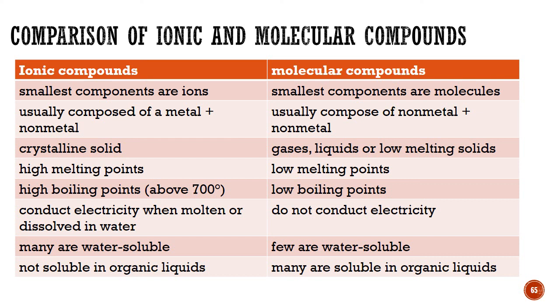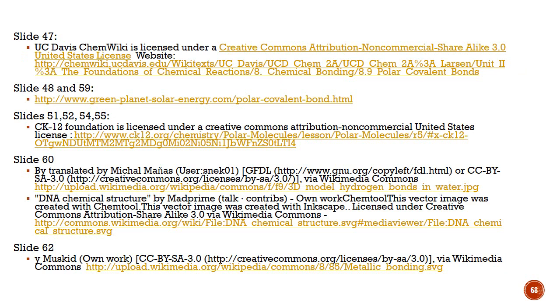Many ionic compounds are water soluble, and we're going to talk a whole lot about that in another unit. It's because of the interaction between the ions and the water. A few molecular compounds are water soluble, except for water and some other things that are similar to water. Ionic compounds are not soluble in organic liquids, and many molecular compounds are soluble, although not all. That's just a generalization.